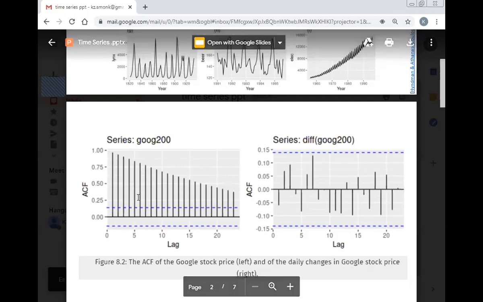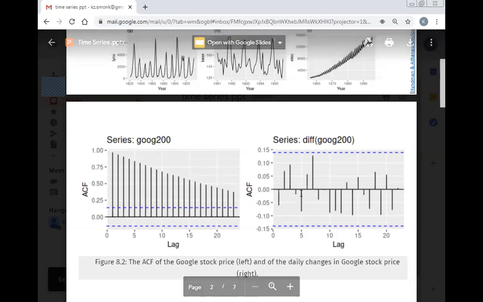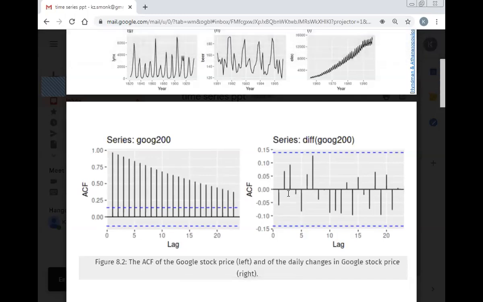This is for the stock price of Google, and this is for the difference of that series. Remember, when I'm taking the difference of the stock price, my first data point here is going to be x2 minus x1. So you know that I will have one data point less whenever I'm looking at the difference series, but that doesn't affect anything a lot.